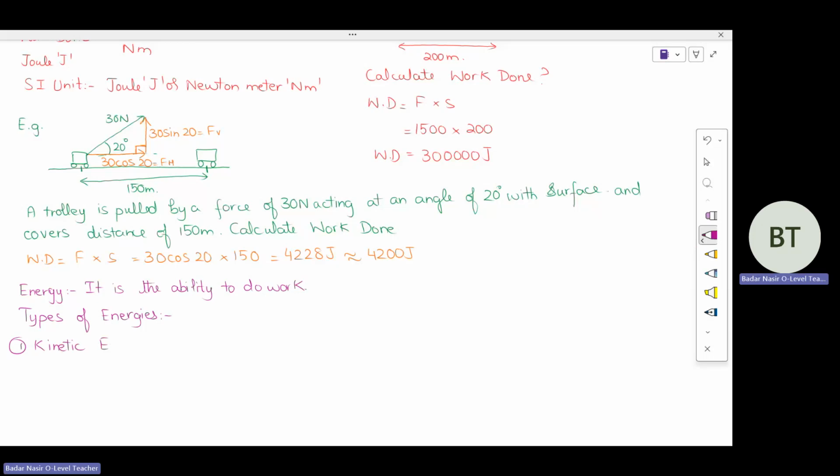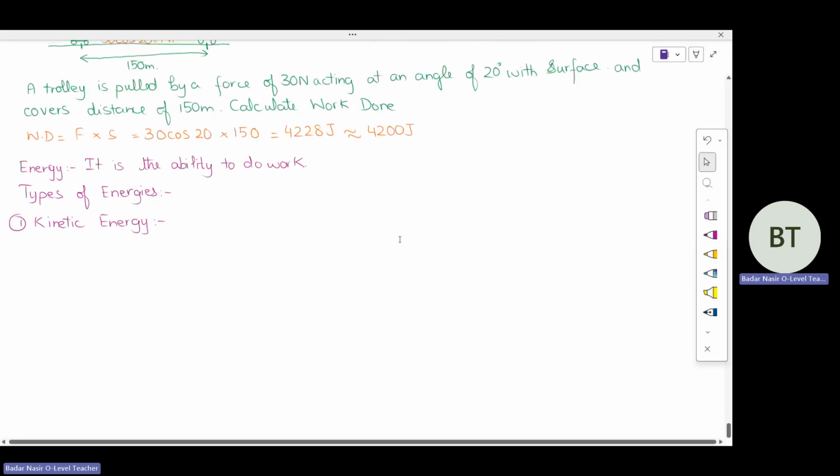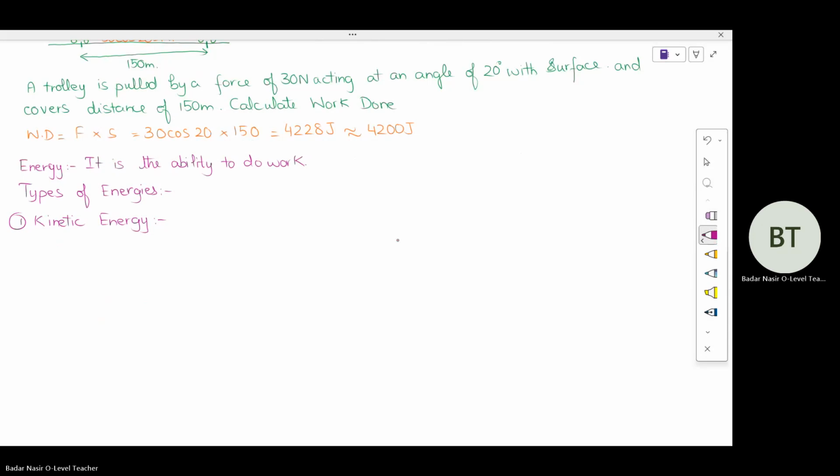अच्छा, can anybody tell me कि what is kinetic energy? Kinetic energy क्या होती है? Sir, energy possessed by a mass due to its motion. Exactly.